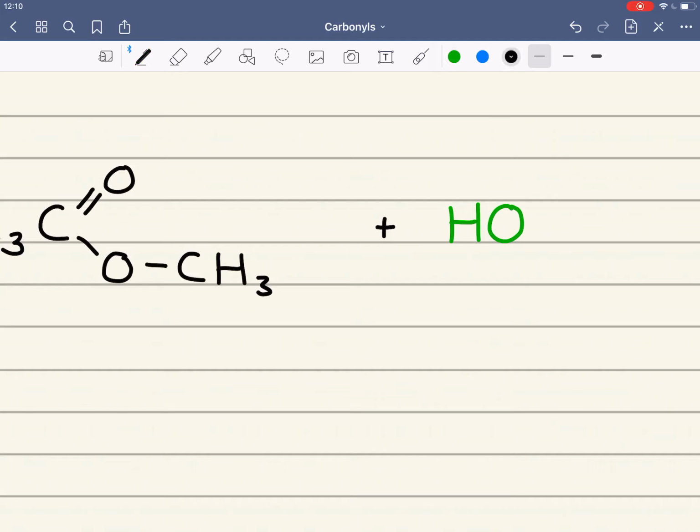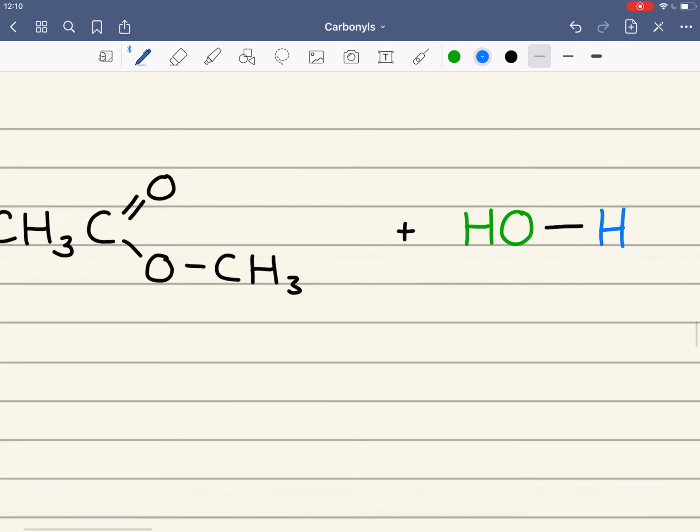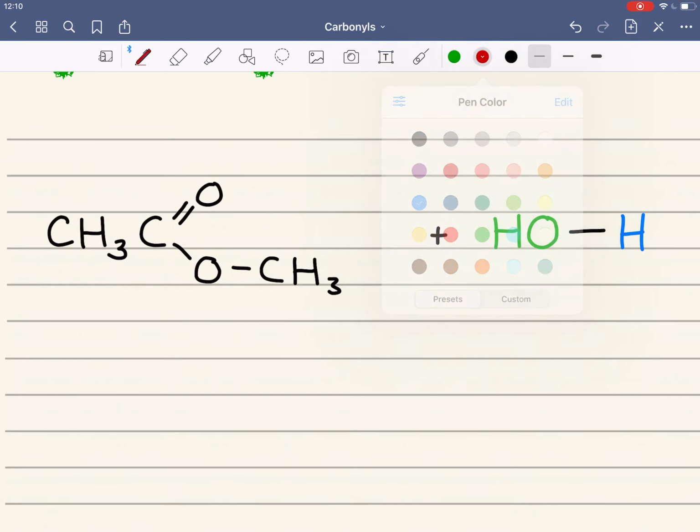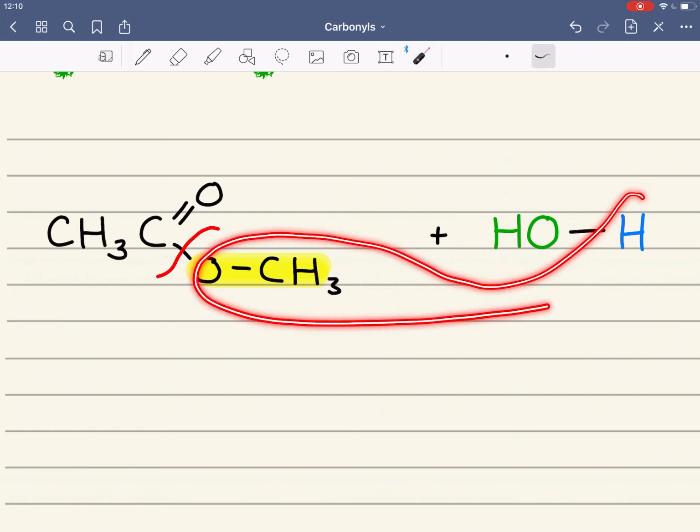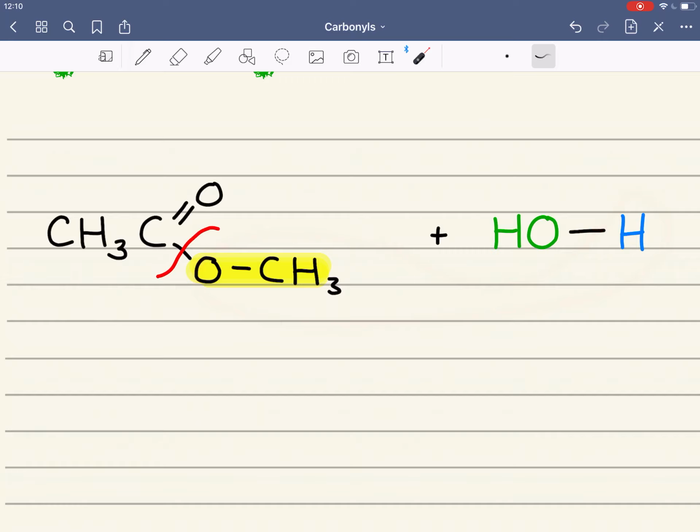I'm going to colour code my water for this specific reaction. That's my H2O. I'm going to specifically break this bond. And this part of the molecule here is going to add this blue hydrogen. So this here will join together to form methanol.